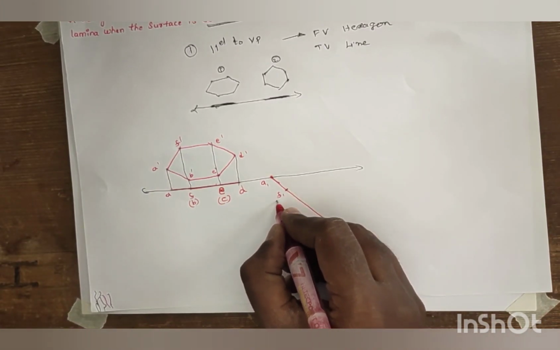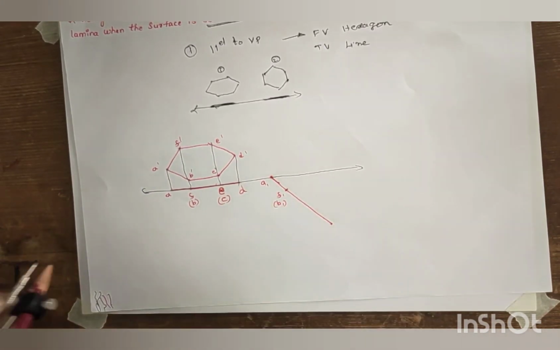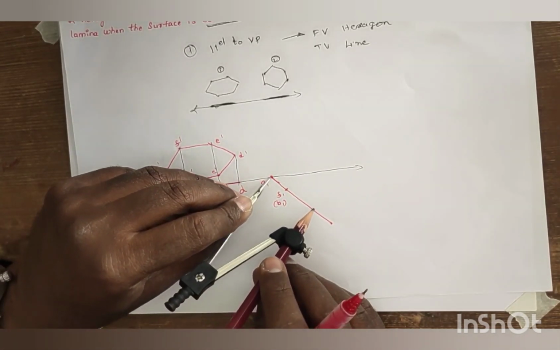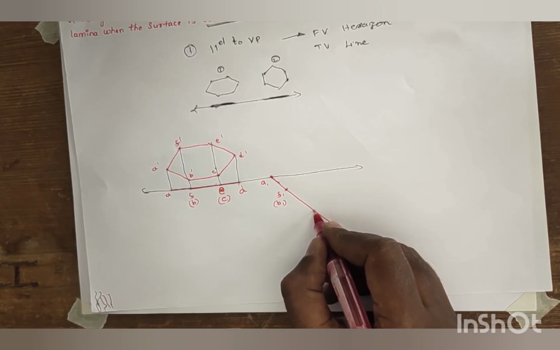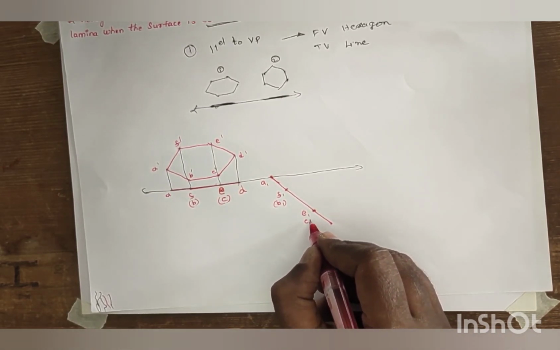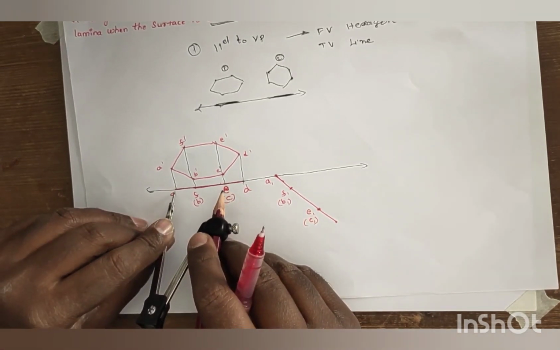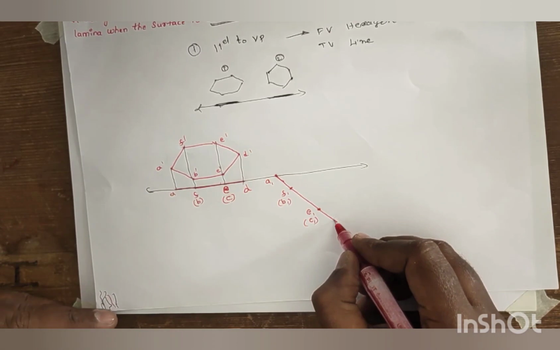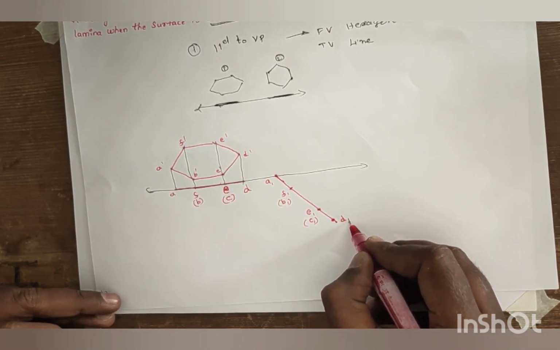This will become F1 comma B1. Now AE as radius, A as center, draw the arc. This particular point will become E1 comma C1. Now take AD as radius, A as center, draw the arc. This is going to become D1.